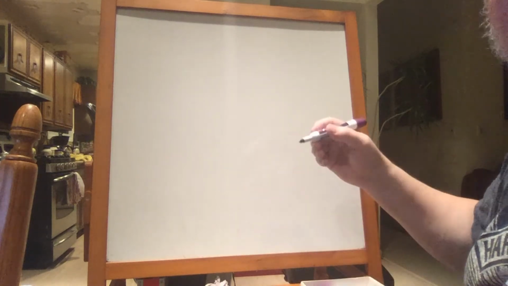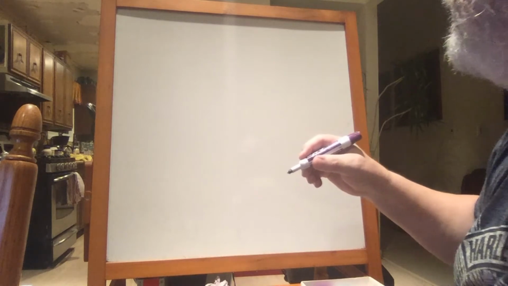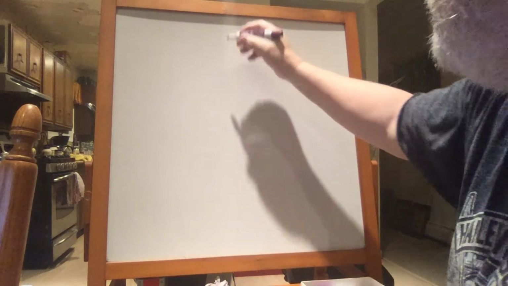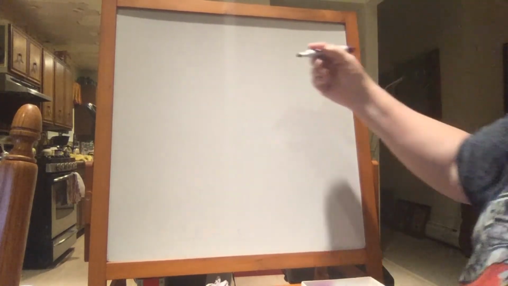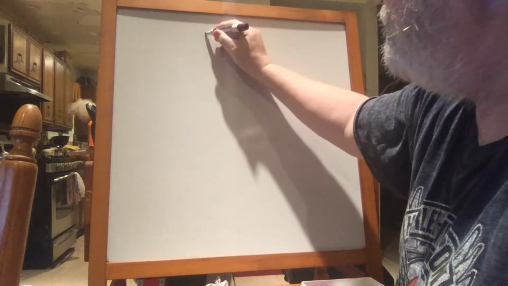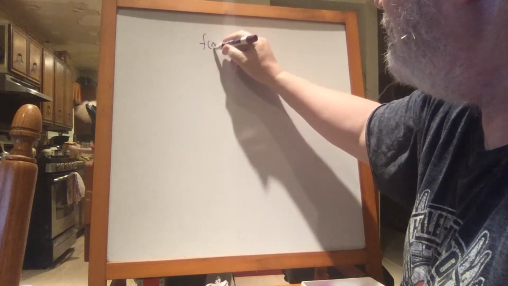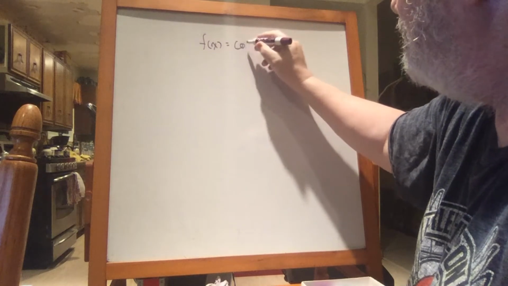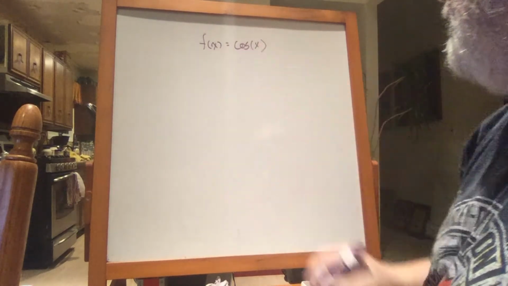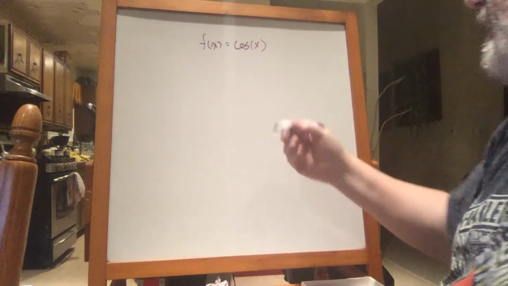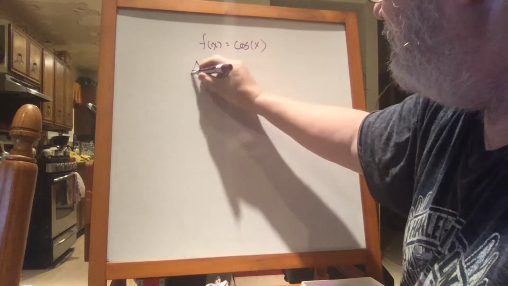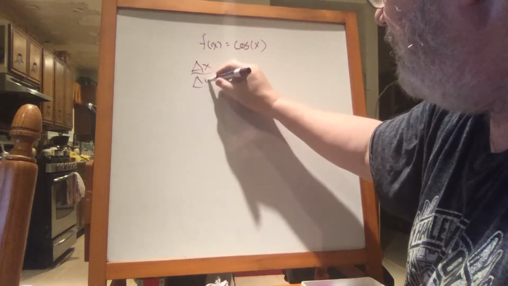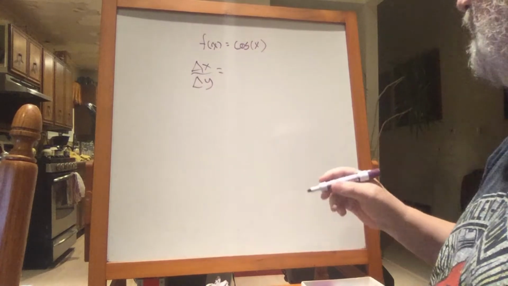So anyway, we're looking at derivatives of trigonometric functions, okay? So we started out with the cosine function. We said f of x equals cosine of x. And we took a look at the slope along the curve at any point along the cosine function.